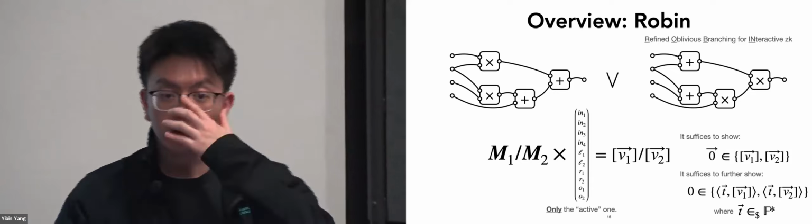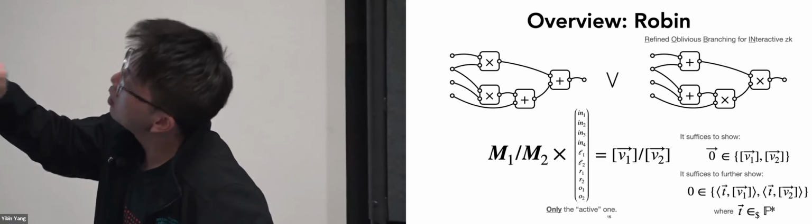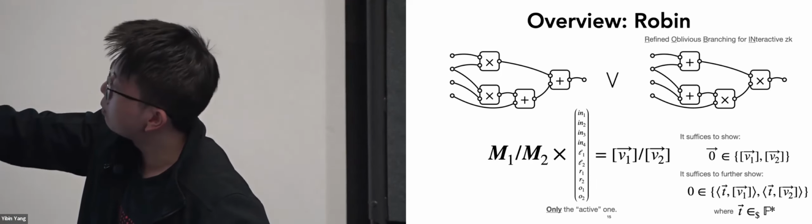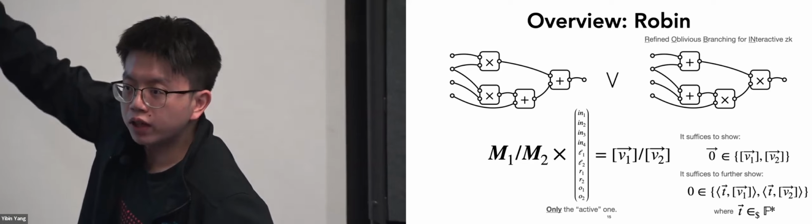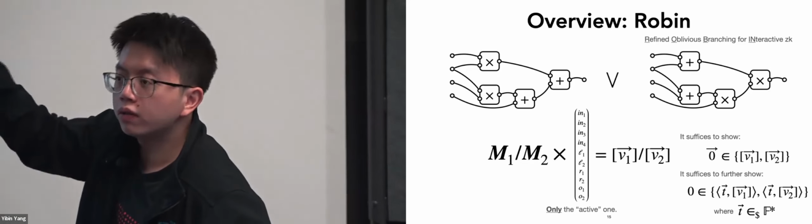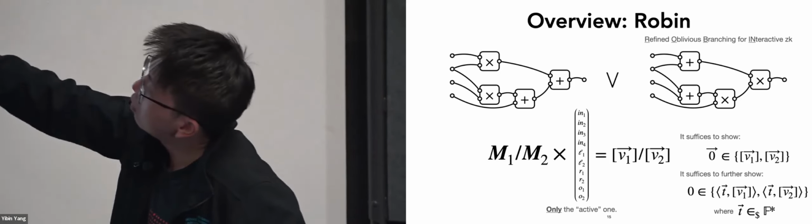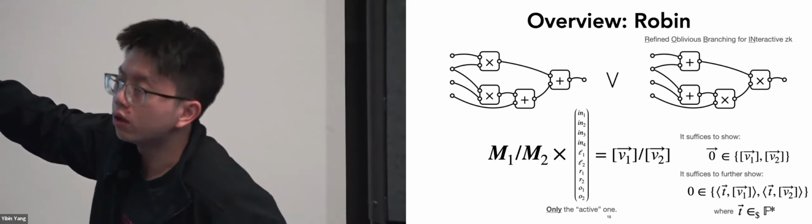It suffices for the verifier to issue a random linear combination, and it suffices for the prover to just show to the verifier that there's a 0 belonging to the vectors t with v1 and t with v2. Right? Because if there's a vector of all 0, no matter what the verifier issues, there will always be 0 inside. If the prover wants to cheat, that means v1 and v2 are both not 0, then there's no way for the prover to show that 0 belongs to these two commitments as a single element.